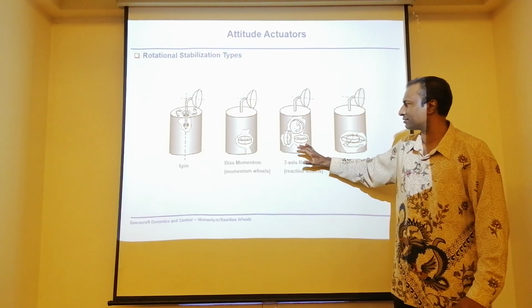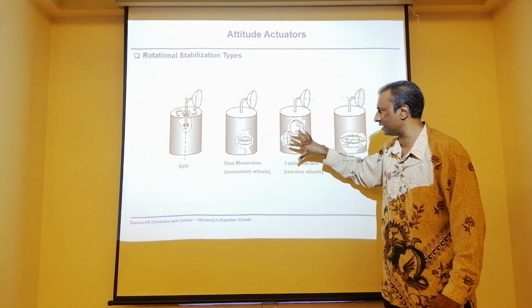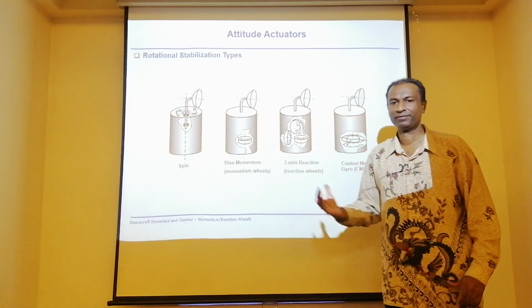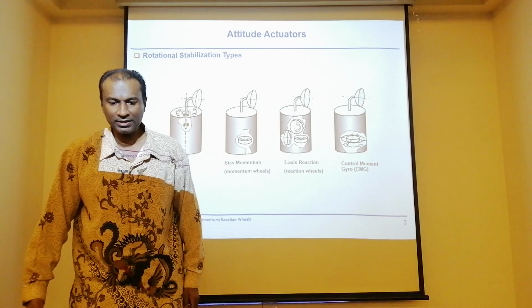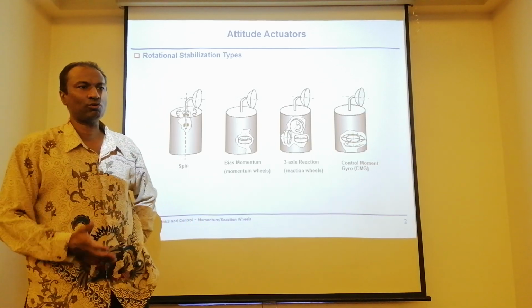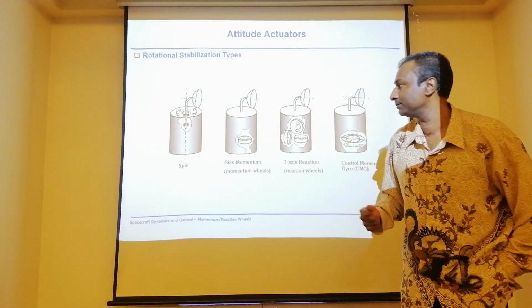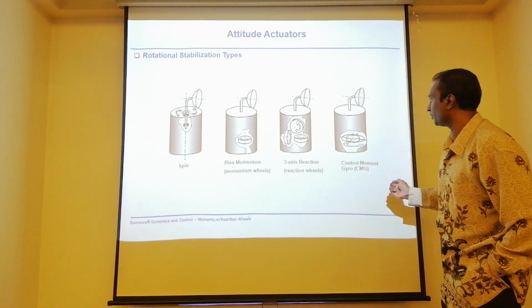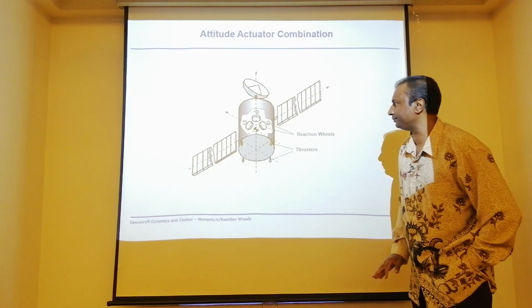So you can imagine that the wheels are inside, and outside we should be able to have a cubical satellite. That's why in the design, commonly if you look at it now, more and more satellites are cubical type satellites. Okay, this is to give you a good example.